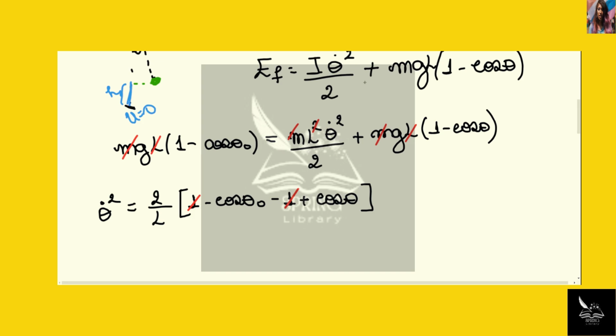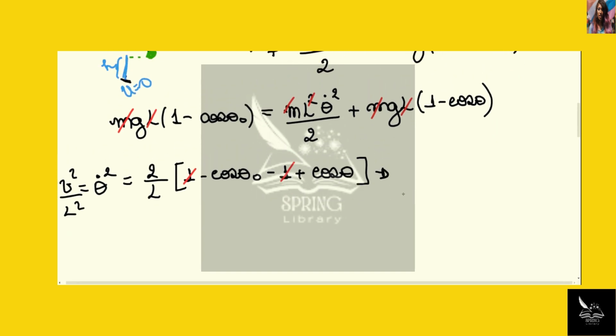Now, we can again rewrite the angular velocity in terms of the linear velocity and substitute the values that we already know. So v is going to be L times the square root of 2 times g divided by L. Sorry, I told you that I'm going to substitute the values.